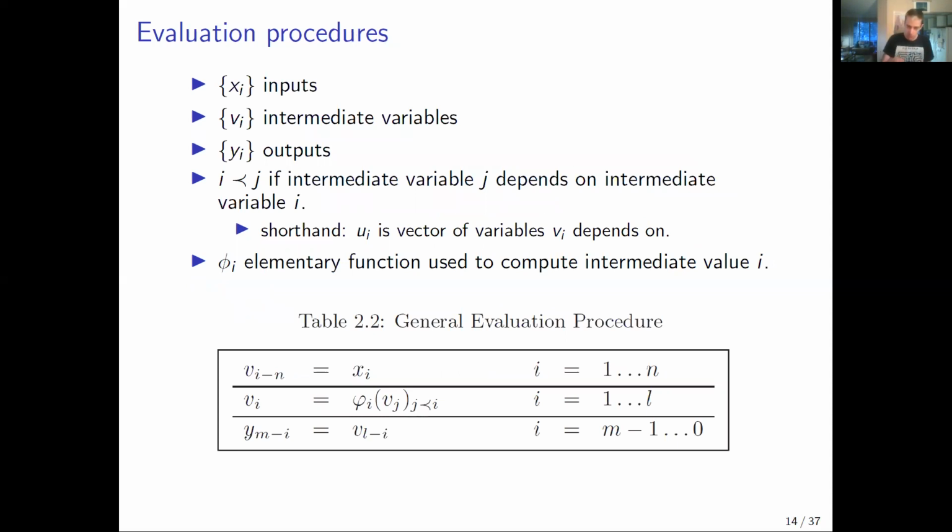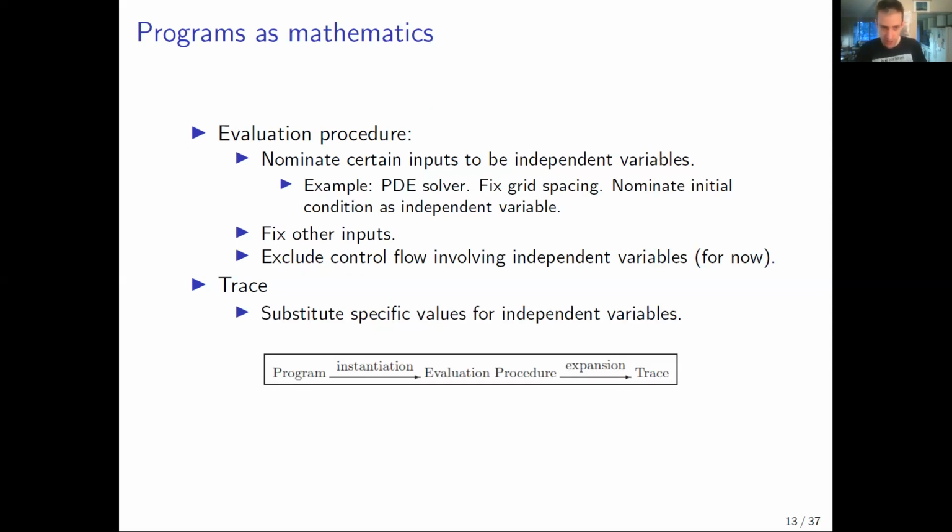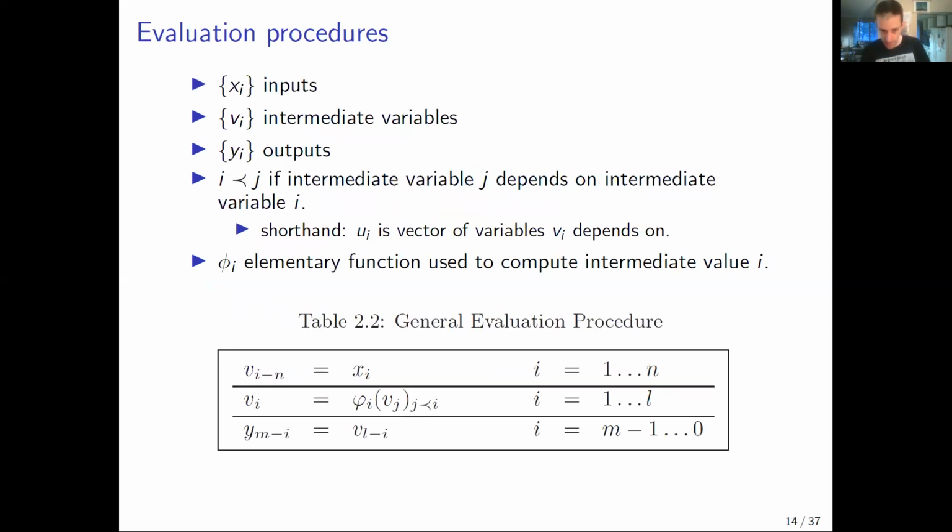Okay, so let's talk a bit more about the notation the authors use to describe evaluation procedures. In their evaluation procedure, they denote the inputs, i.e. the independent variables, as x_i's. They denote the intermediate variables as v_i's, and they denote the outputs as y_i's. So these are the first three lines here.